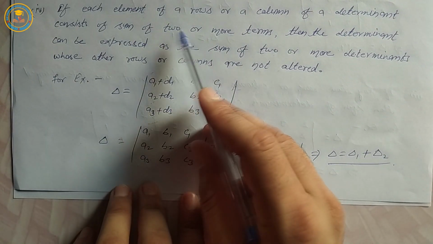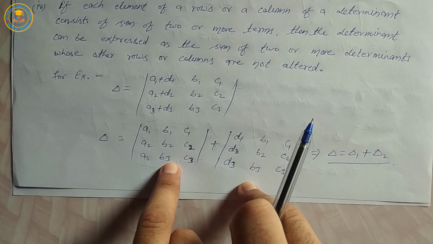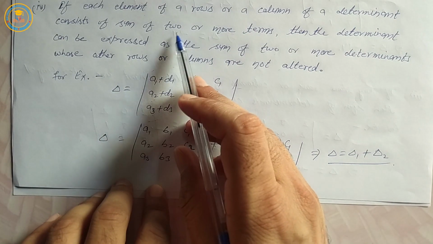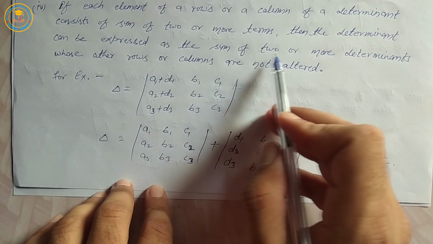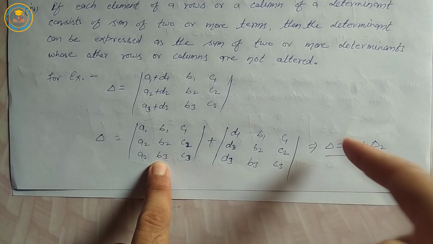First column with a sum of two terms gives two determinants, and a sum of three terms gives three determinants: del 1, del 2 and del 3.